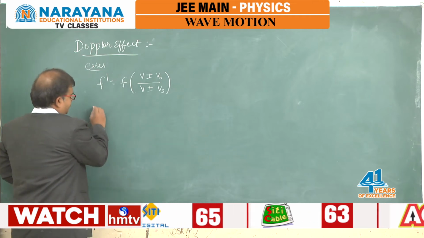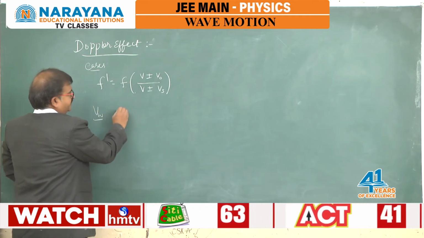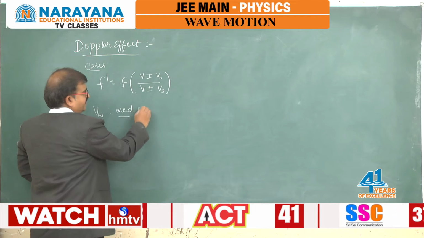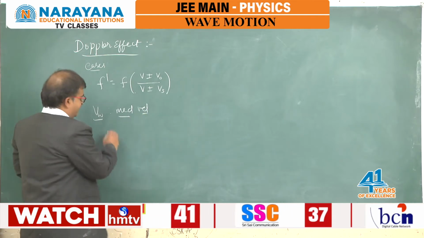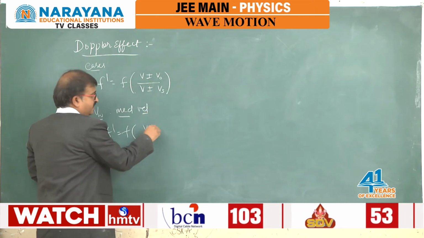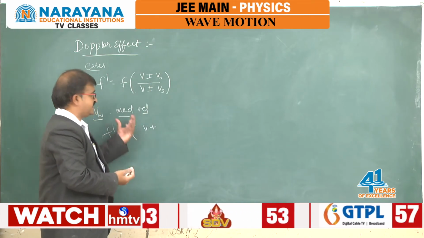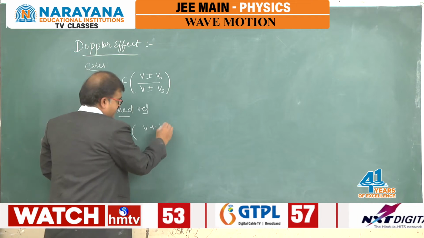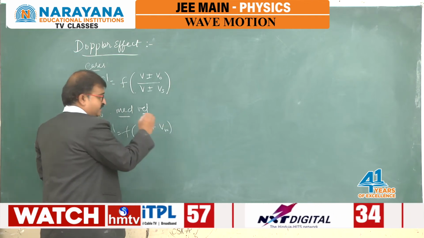So here, more generally, if the velocity of the wind, the medium velocity, is considered, then we need to consider the general expression where the velocity of the sound will be affected because of this wind. We need to take the effective value of these two velocities.